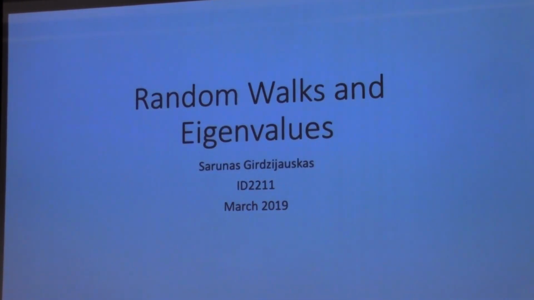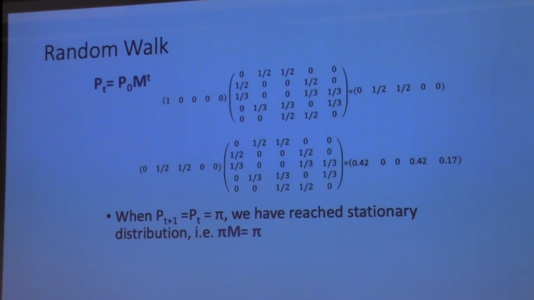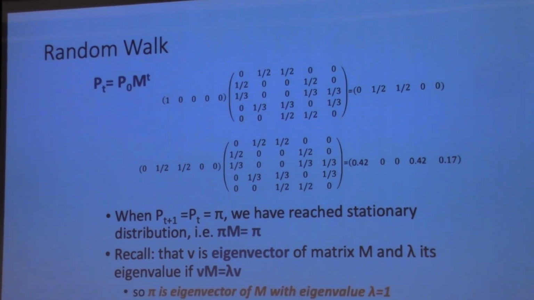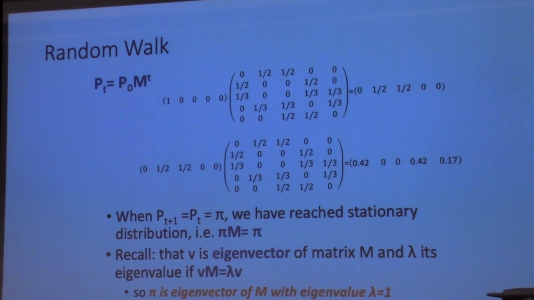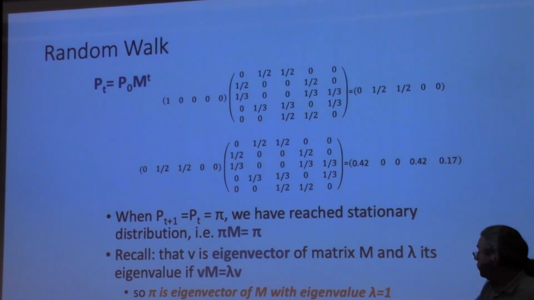Let me go on now by giving you some more intuition on eigenvectors and eigenvalues in terms of graphs. Eigenvectors and eigenvalues are very useful things, but with graphs they have some really neat properties. So remember this, this is what we just saw: pi is an eigenvector with eigenvalue 1.